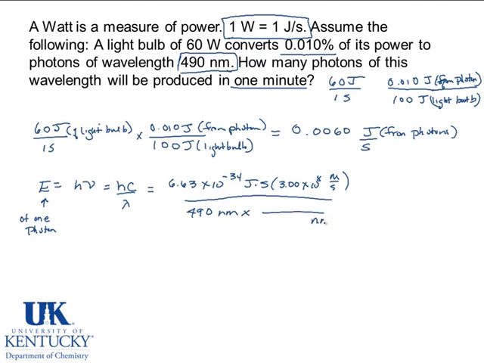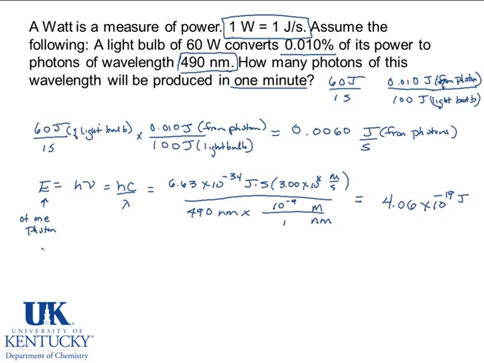We know the wavelength actually needs to be in meters, so 10 to the minus 9 meters is a nanometer. All my units will cancel nicely, the nanometers, the meters, the seconds, and I'll be left with joules. And the value for this is 4.06 times 10 to the minus 19 joules.